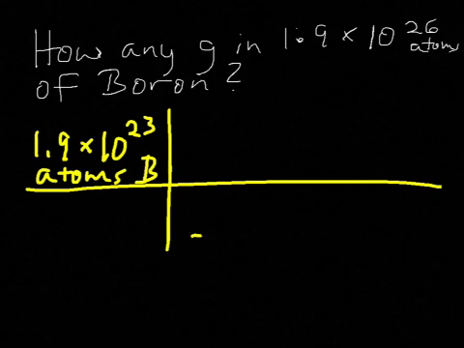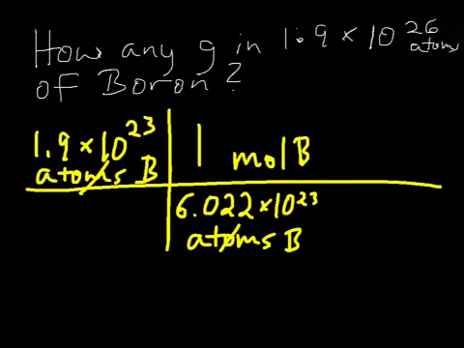We put atoms in the bottom and mole in the top. That way atoms and atoms can cancel and we'll convert it to moles. All these conversion factors are based on 1 mole of a substance. And yes, this is where Avogadro's number comes in, 6.022 times 10 to the 23rd. That's the number of atoms of boron in 1 mole of boron.